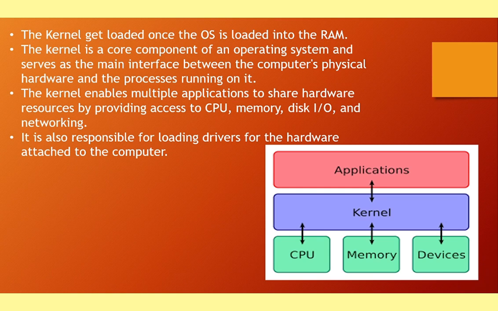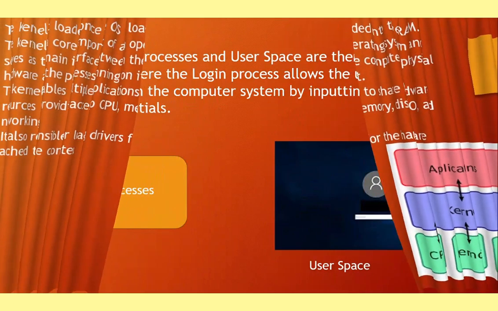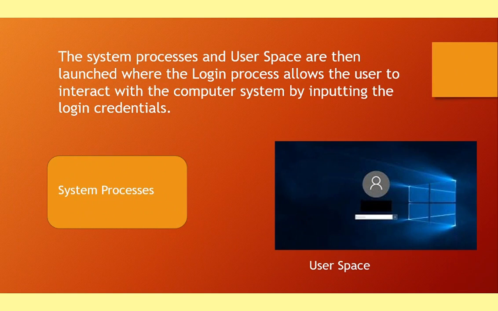After that, the system processes and user space are launched where the login process allows the user to interact with the computer system by inputting the login credentials. So at this point, this is where the user is allowed to put the password so that he or she can log in.